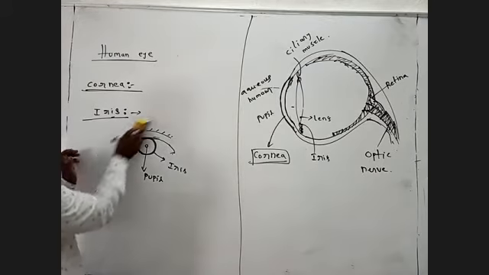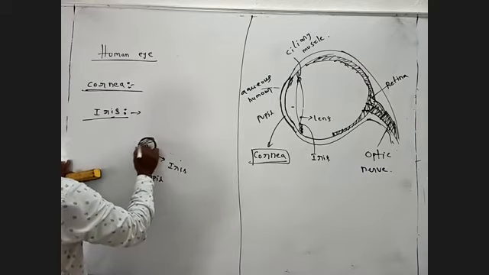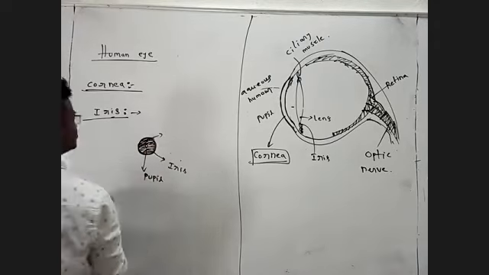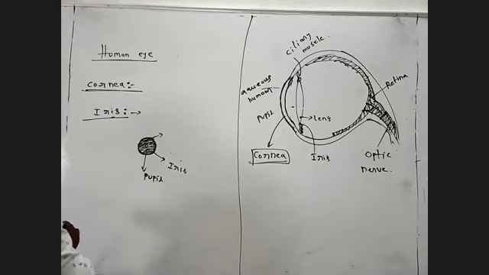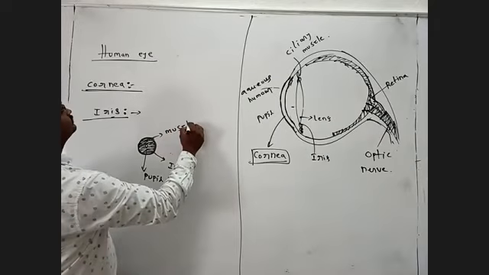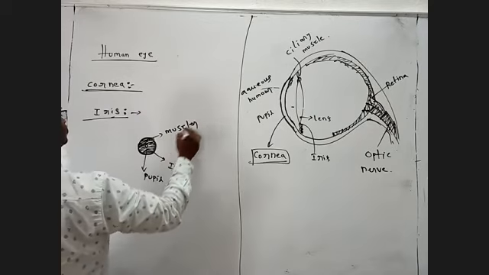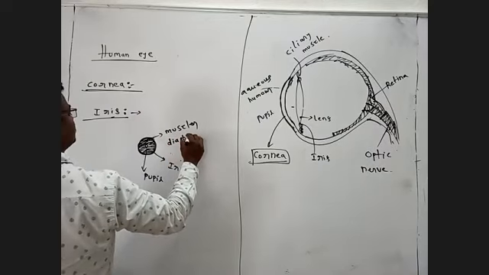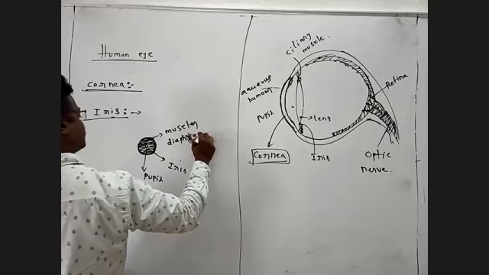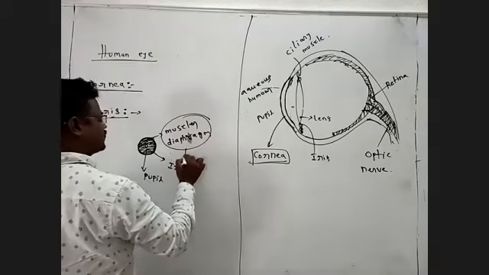So what is the use of this? This is a muscular diaphragm, and the muscular diaphragm is called the iris.